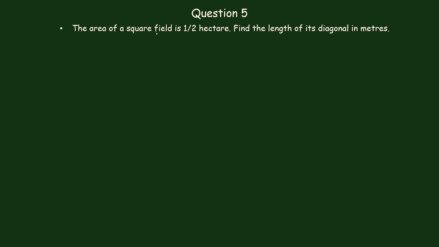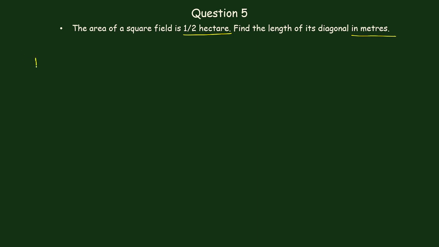Now the area of a square field is half hectare. Find the length of its diagonal in meters. So basically 1 hectare is equal to 10,000 square meter, if you know the conversion table.